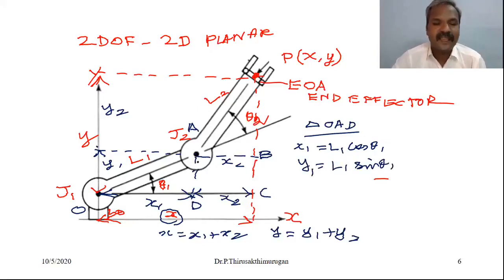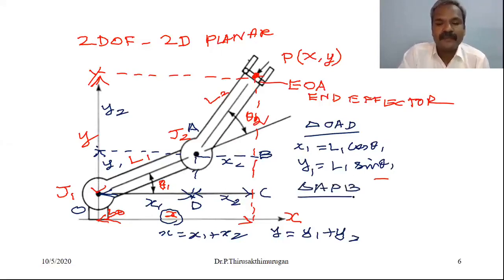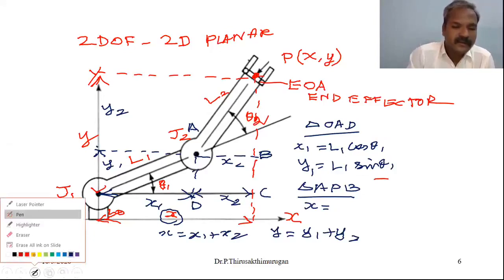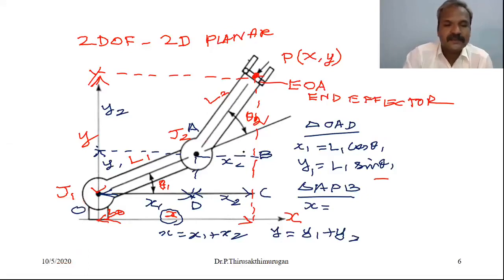Similarly, in this triangle APB, what is x2? What is the angle described in the joint 2? This is with respect to the x-axis.